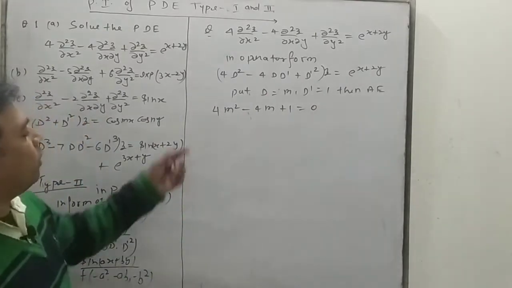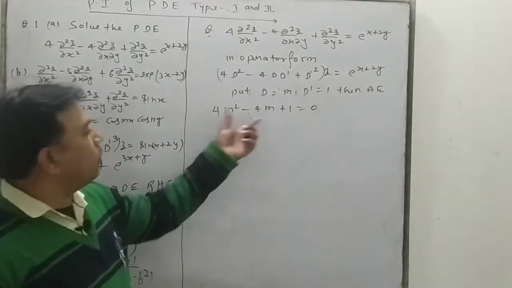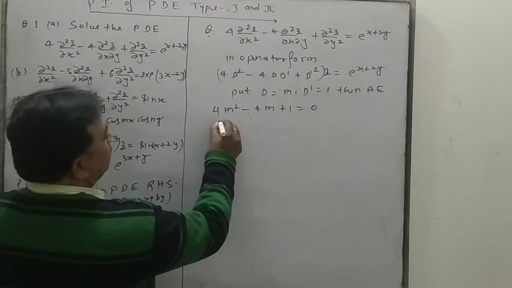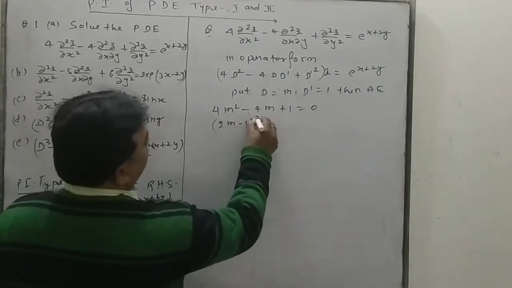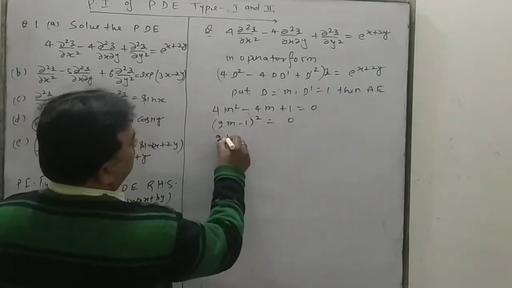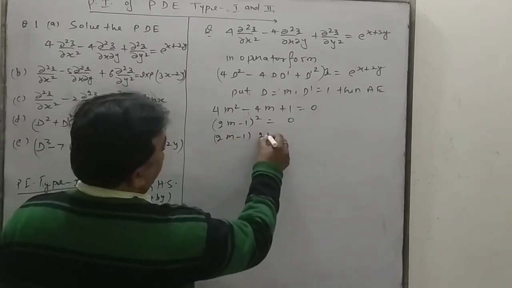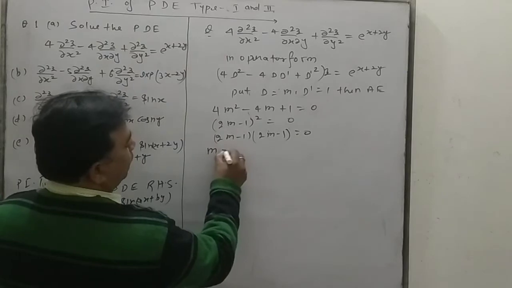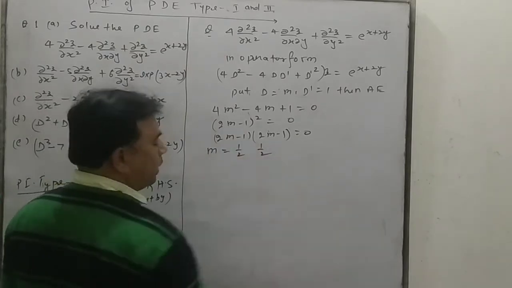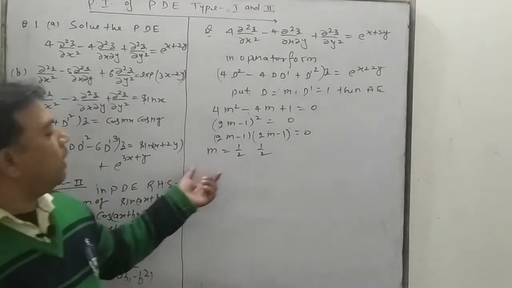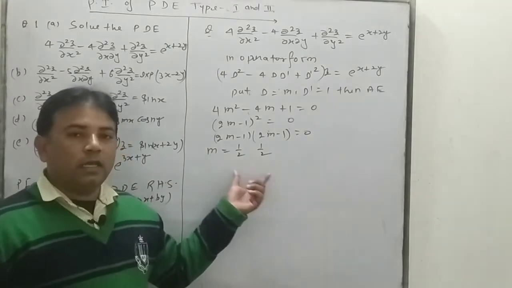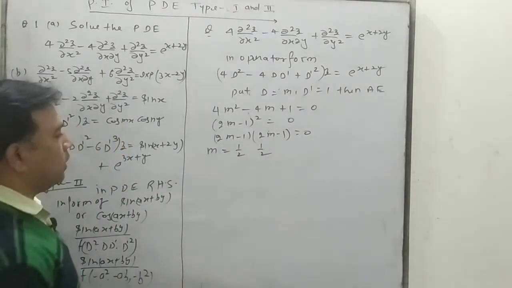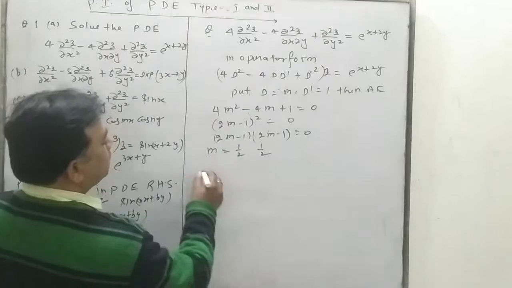This is a quadratic equation. We factorize it, so (2m minus 1) whole square equal to 0. 2m minus 1 and 2m minus 1 equal to 0. Then the value of m equal to 1 by 2 and 1 by 2. These values are real and equal. Then we write the complementary function of this partial differential equation.